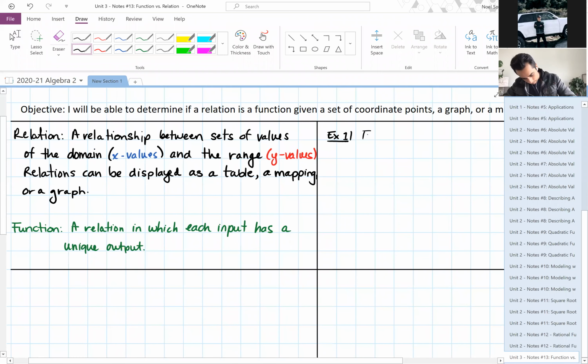Find the domain, the range, and determine if the relation is a function.